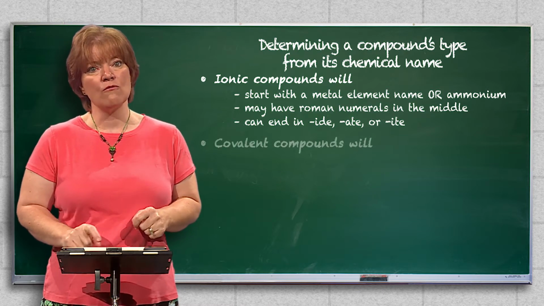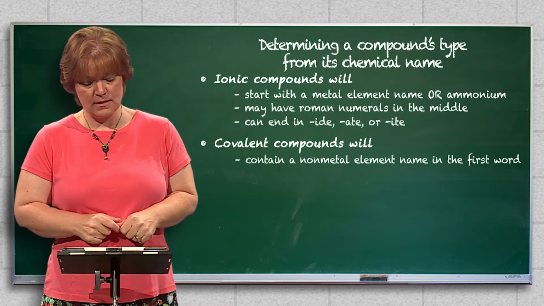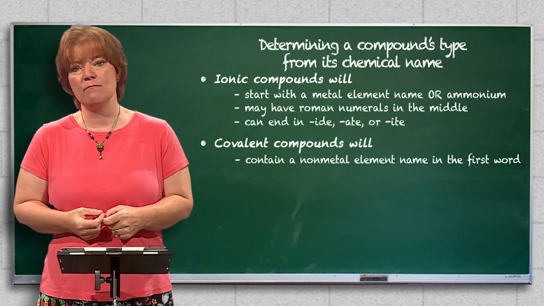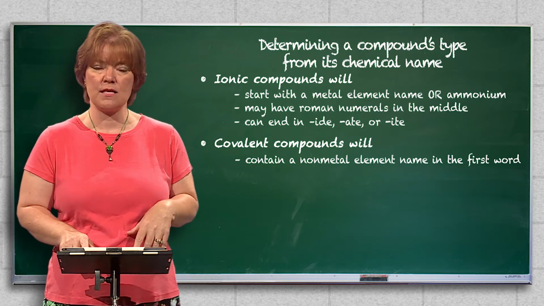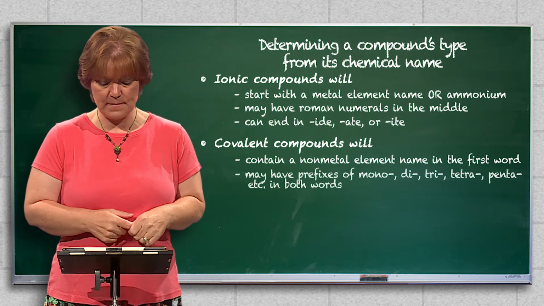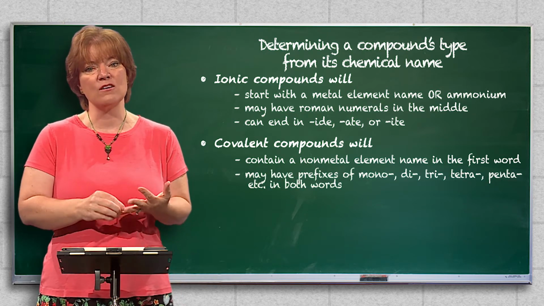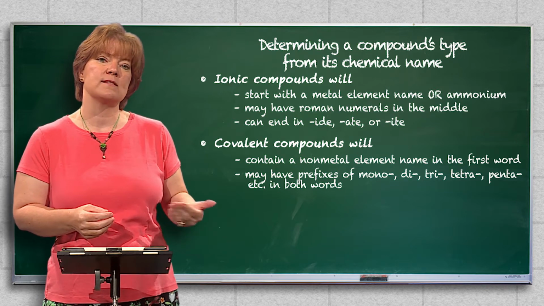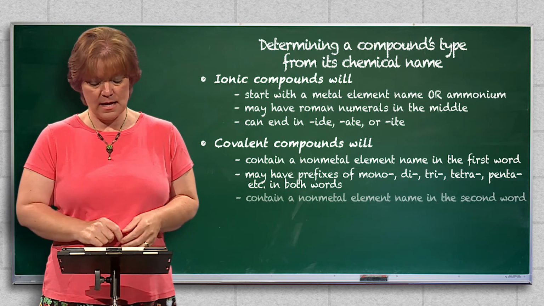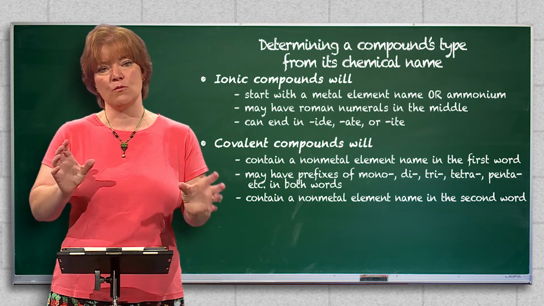On the other hand, covalent compounds are going to contain a non-metal element chemical symbol or chemical name in the first word. And then they may have prefixes of mono, di, tri, tetra, all the way through our Greek prefixes. And there may be prefixes in both of the words in the name.